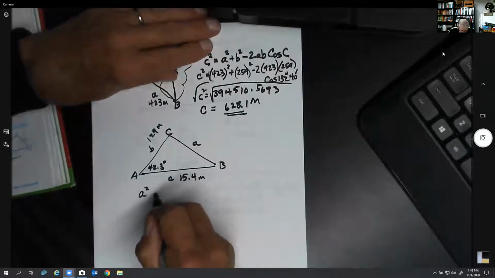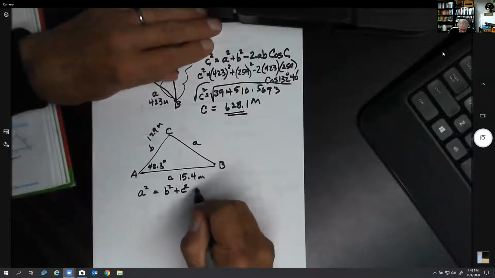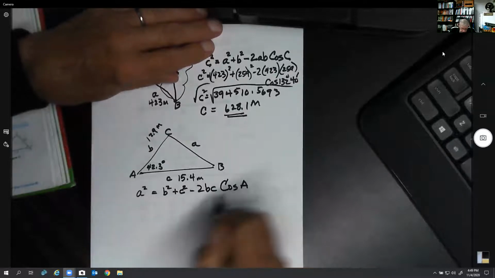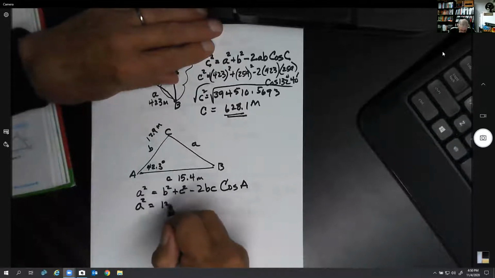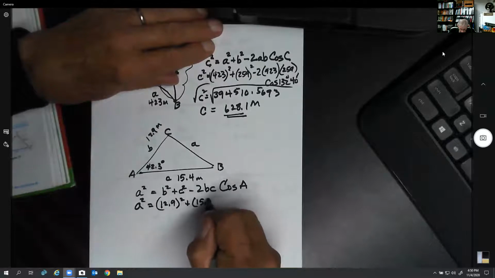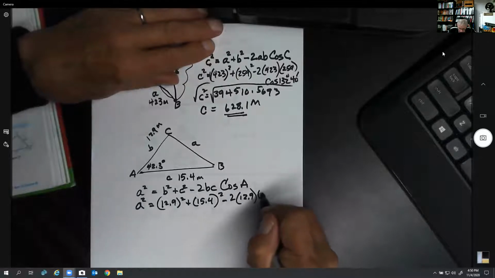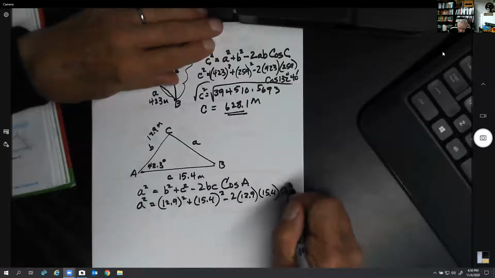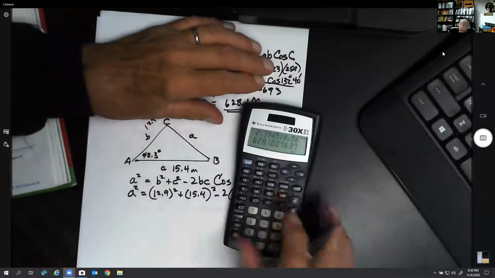So a squared equals b squared plus c squared minus 2bc cosine A. A squared equals 12.9 squared plus 15.4 squared minus 2 times 12.9 times 15.4 times the cosine of 42.3 degrees. So let's go ahead and calculate how this works out.